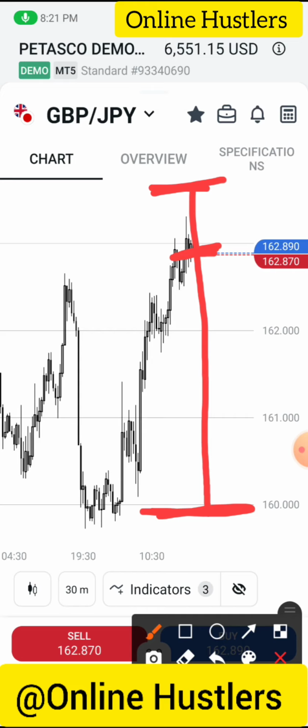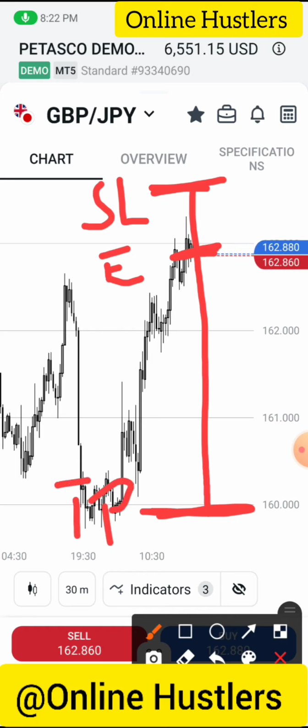If in case you want to sell, this will be our stop loss, SL. Then we're entering, E. Then our take profit, TP. So this is just the three main points I've drawn for you, in case you want to sell this currency pair, Great British Pound versus the Japanese Yen.